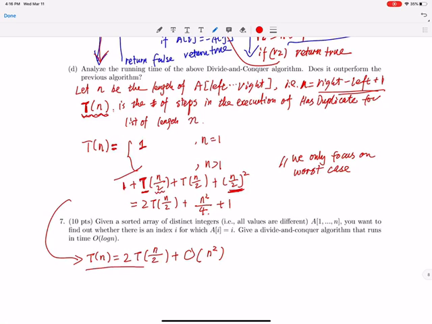To apply the master theorem, we identify that our a is 2, because every problem is solved by solving 2 smaller problems. And b is the fraction by which we decrease the size of the problem, so by half. And our d for this problem is 2.